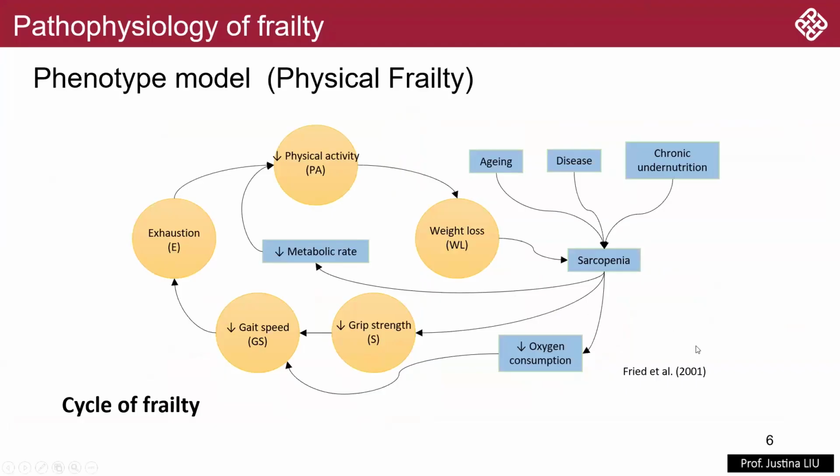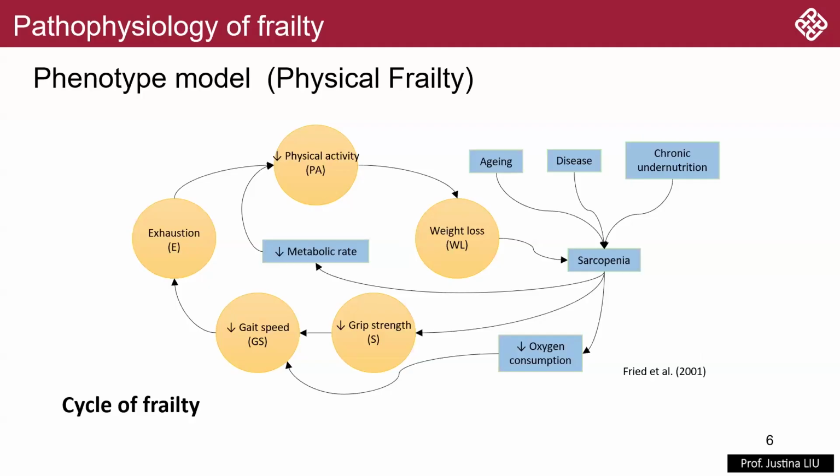Actually, Fried conducted an observational study with more than 6,000 older people and followed them for about 4 years, and identified that these five clinical characteristics highly predict different adverse health outcomes.